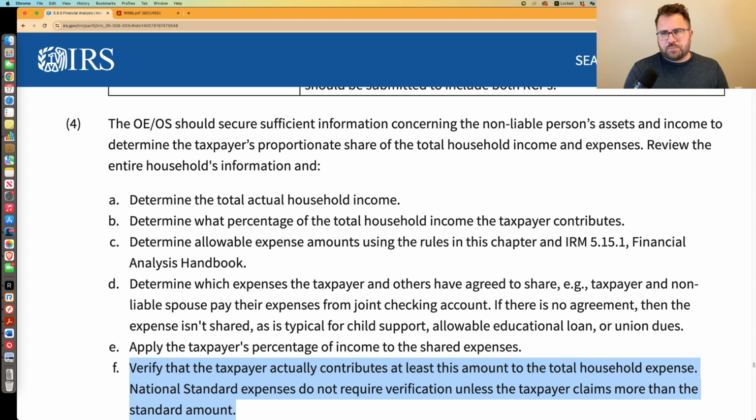So basically, look, let's say your mortgage is $5,000 a month, and that's below the standard for your area and your family size. But you make $1,000 a month, and your spouse makes $9,000 a month.